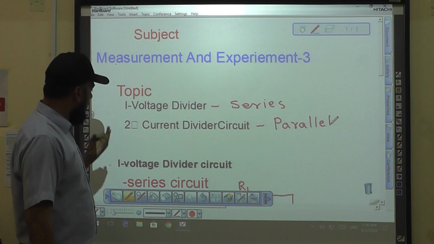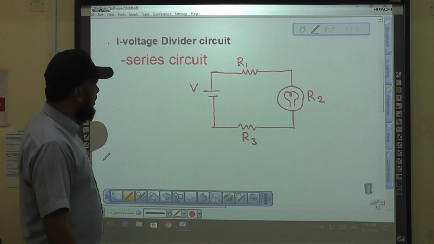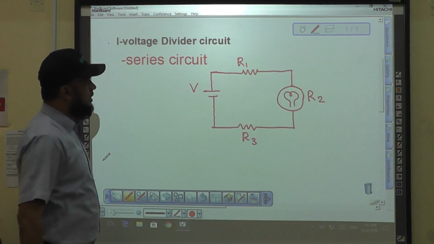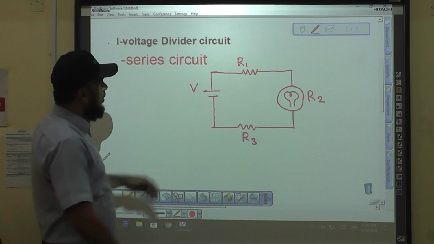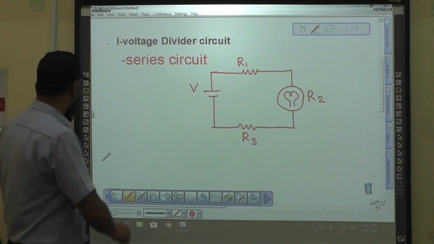First of all, the first topic is the voltage divider circuit. The other name for the voltage divider circuit is the series circuit. As you know, series means there is only one path for the current to flow through each device.